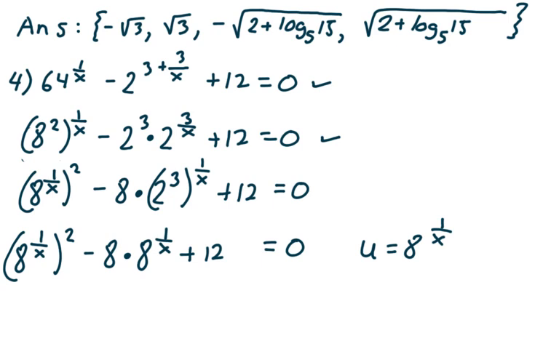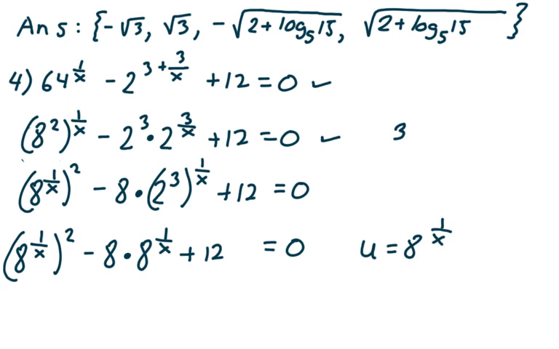Which says 8 to the 1 over x raised to the second minus 8 times 2 to the third to the 1 over x. So there's a lot of laws of exponents going on here. Plus 12 equals 0. So let me say that again. It's 8 to the 1 over x raised to the second minus 8 times 2 to the third raised to the 1 over x.